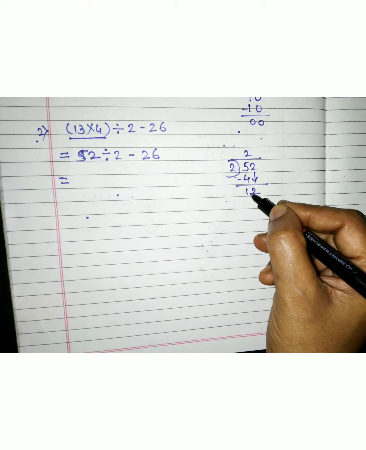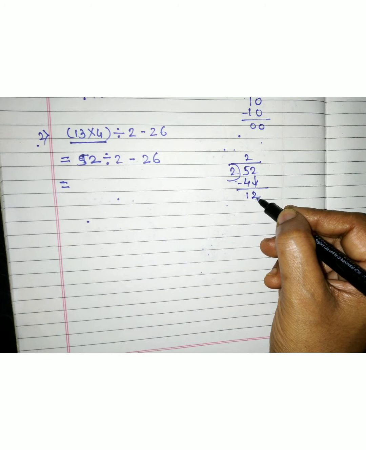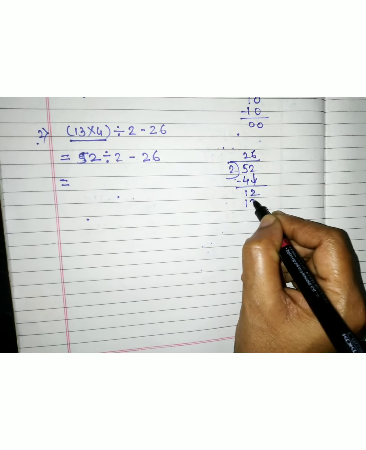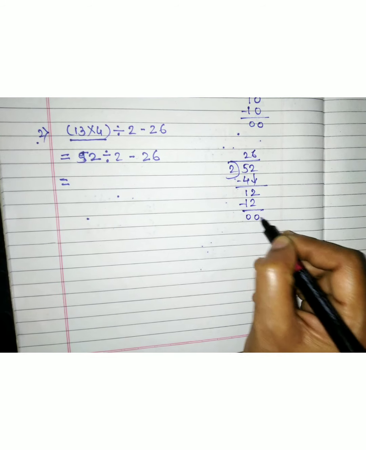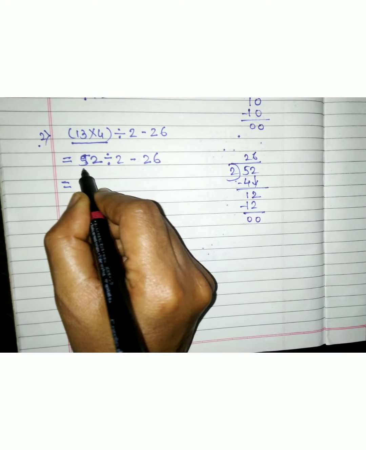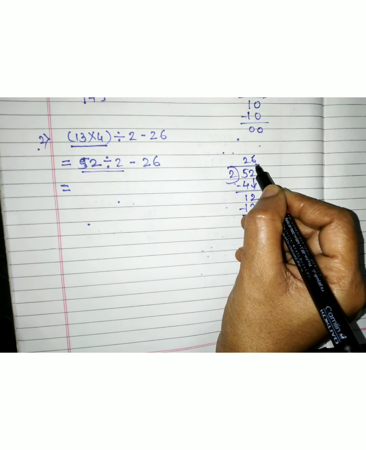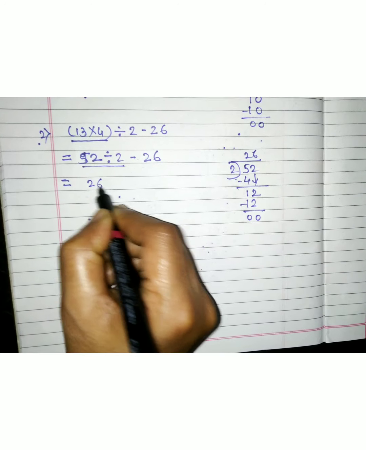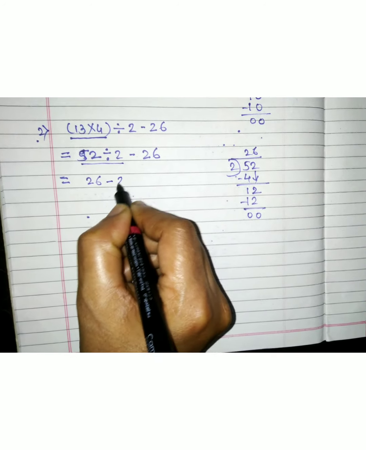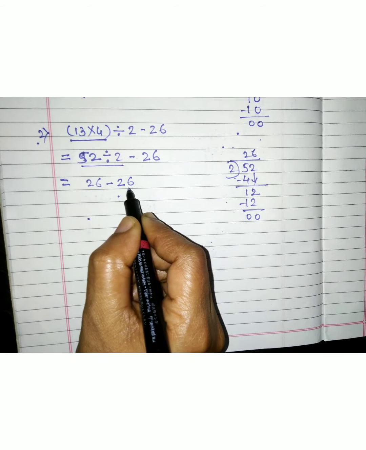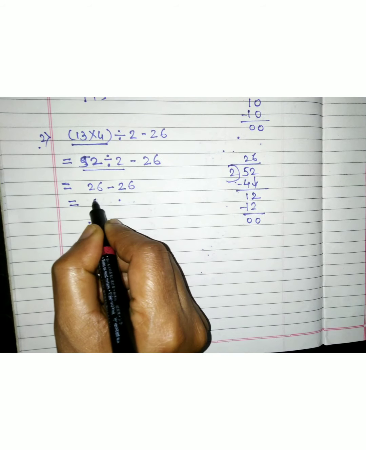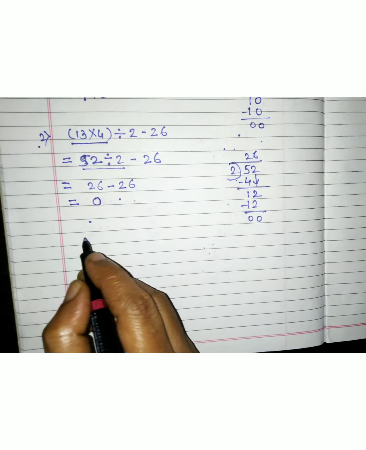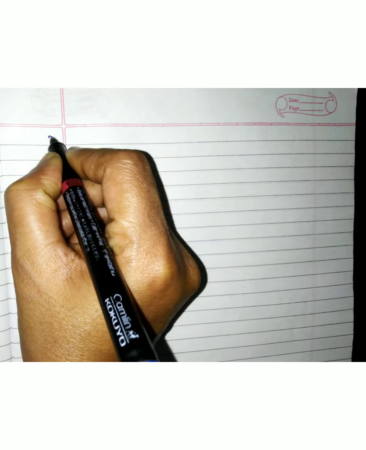We will put this 2 in front of 1. We got number 12. 2 6s are 12. So 52 divided by 2, quotient is 26, means 26 is the answer, minus this 26. 26 minus 26 is equal to 0.